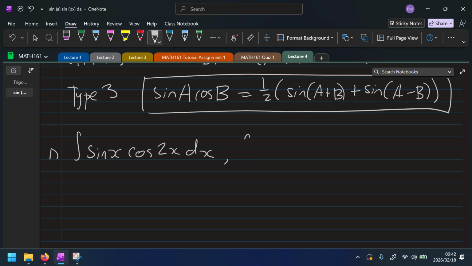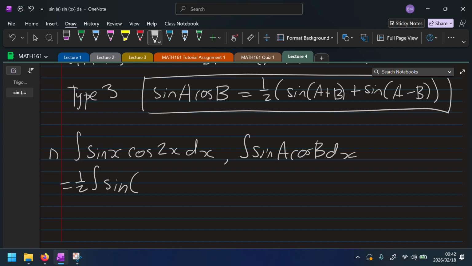Okay, so again, we just write this as sine A cos B, and then we just identify what we need there. So this will be equal to 1/2. We can take that out to the front. So we have the sine of A plus B. So we said A was x and B was 2x, so we have to add them.